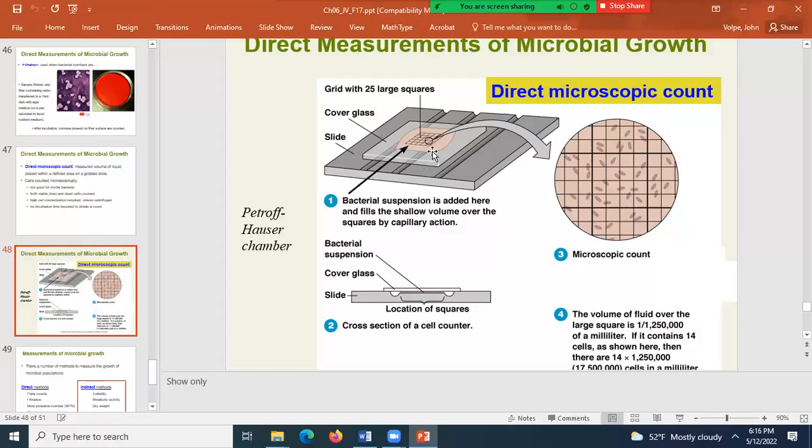So the gridded slide takes a specific volume, and then you do your count. And under this one big square here, you multiply by 1 times 10 to the 6 cells per milliliter. You cannot tell if that cell is living or dead, and so it counts both living and dead cells. Any question about that?